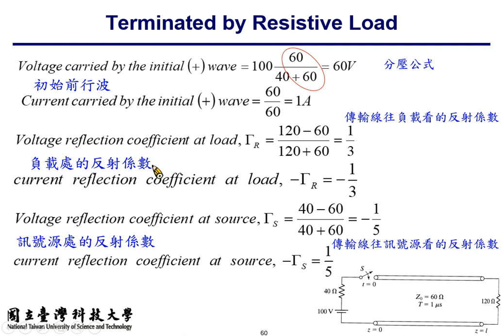What is that? 120 minus 60 divided by 120 plus 60, that will be 60 over 180, that would be 1/3. Then the reflection coefficient to the left, that would be 40 minus 60 divided by 40 plus 60, that will be minus 20 over 100, so that will be minus 1/5.